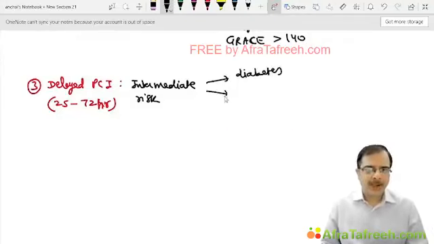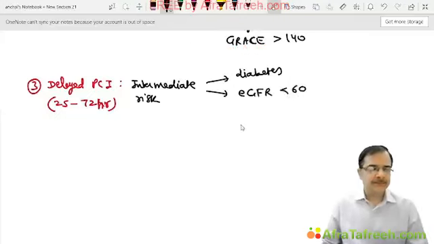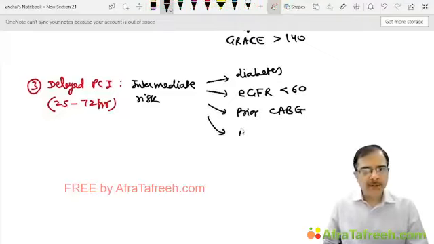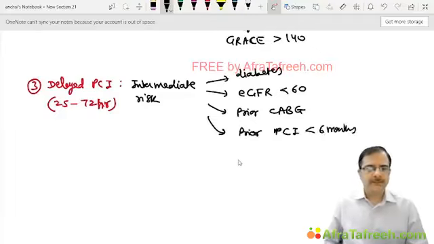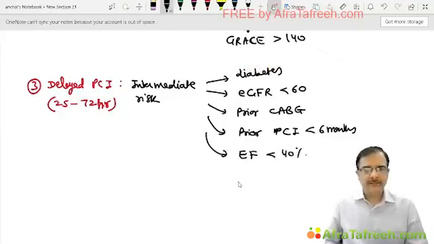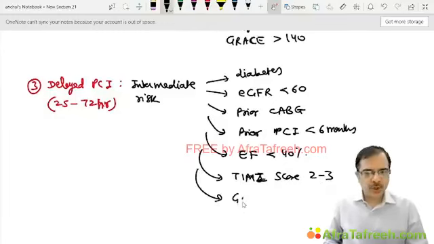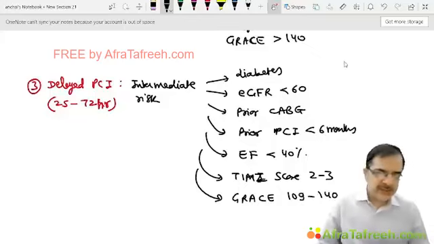Patients with diabetes, or eGFR of less than 60, a prior CABG, or a prior PCI within months, ejection fraction less than 40%, TIMI score 2 to 3, or GRACE score 109 to 140.